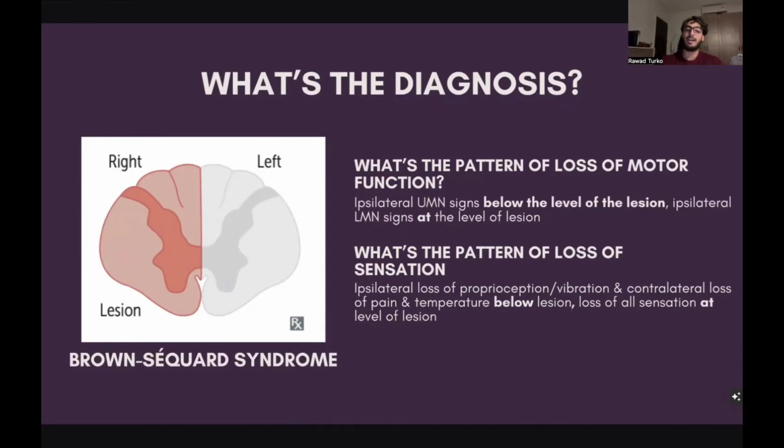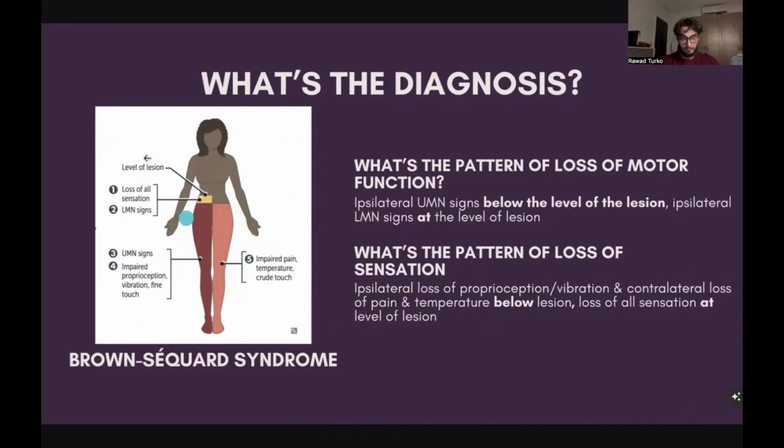So distal to that, you would have ipsilateral symptoms, so ipsilateral loss of proprioception. But the spinothalamic tract crosses over in the spinal cord itself, which means that we're going to have contralateral loss of pain and temperature below the level of this lesion and loss of all sensation at the level of this lesion. Obviously, that makes sense, because that's exactly where the spinal nerve comes out.